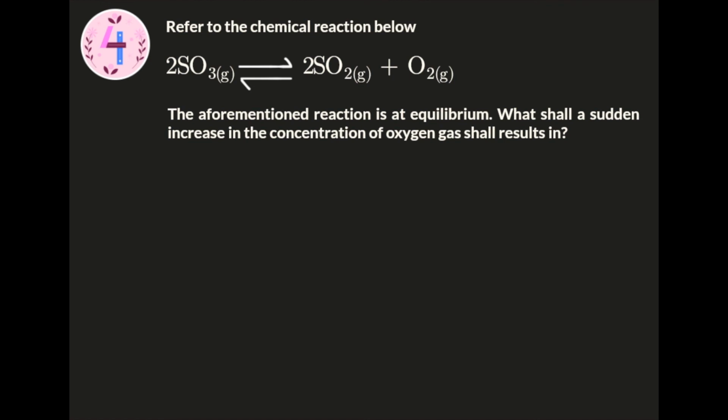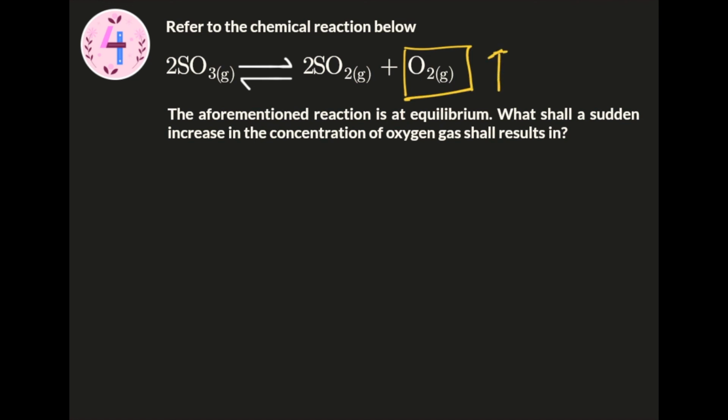In order to answer this question, you need to be able to recall the Le Chatelier principle. The Le Chatelier principle states that the position of equilibrium will move in such a way as to counteract the change. In this reaction, what we increase is the concentration of oxygen gas.